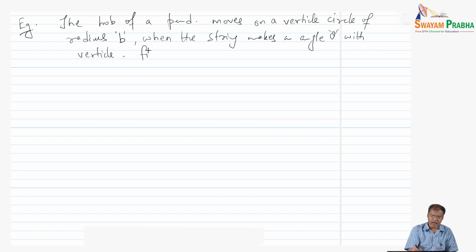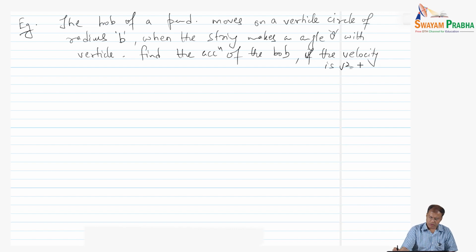We need to find the acceleration of the bob, and the velocity, if the velocity is given by v squared equals 2gb cos theta.